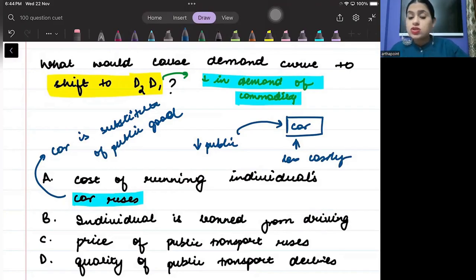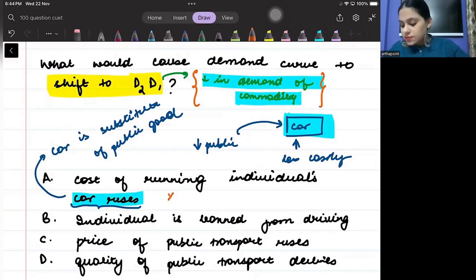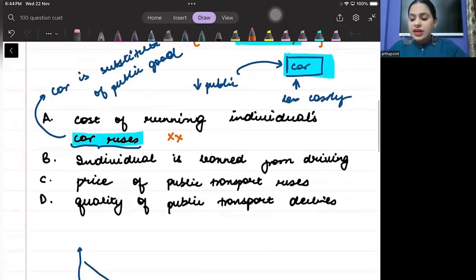No, the cost is increasing. If the cost of using a car increases, will you use cars? No, you will use public transport. Then the demand of public transport should increase, but the demand of public transport is decreasing. So this is incorrect.